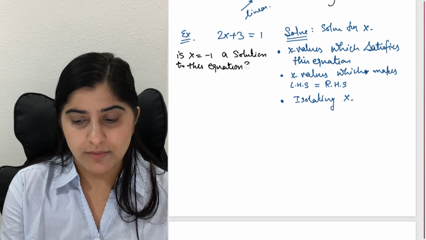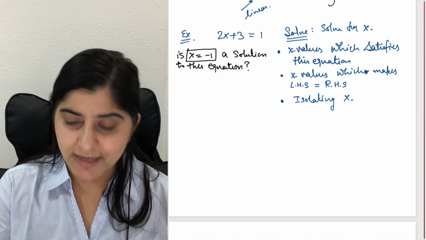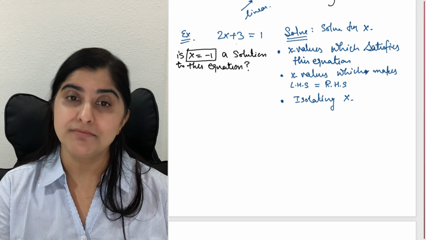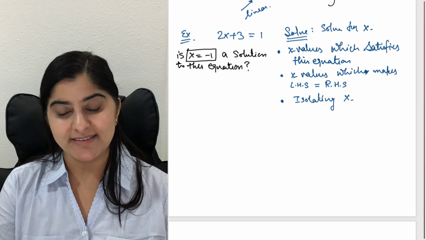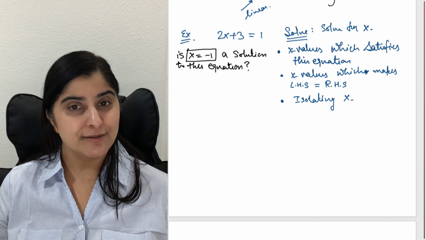My question is, does this x value make this equation true? Does it make the left hand side equal to the right hand side or not? If yes, then it is a solution. If not, then it is not a solution.